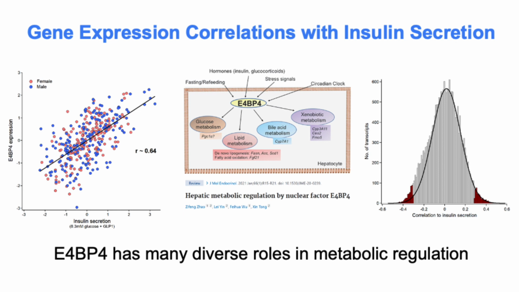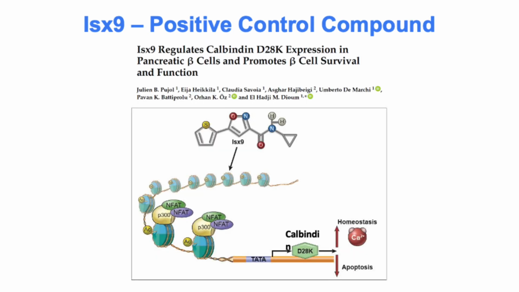And then what you can do, you can submit it to SynCAMLIX, and we use this new approach, this consensus signatures KS test approach. And to test those drugs, they also needed a positive control. So this is a drug called ISX9 that is known to, when you treat the islets with this drug, produce insulin.